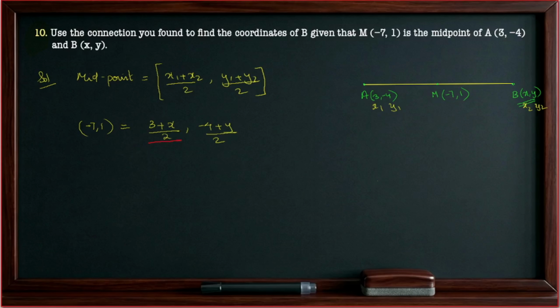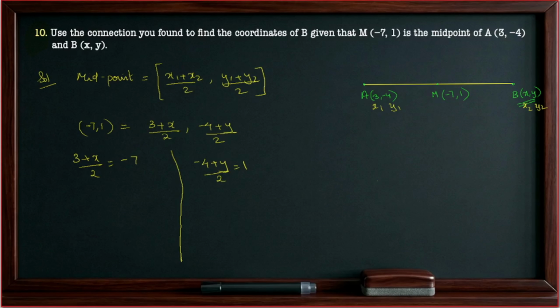So comparing the x from both sides, we'll take this one, and for y we will take this one. That means we can write (3 plus x) by 2 is equal to minus 7, and (minus 4 plus y) by 2 is equal to 1.